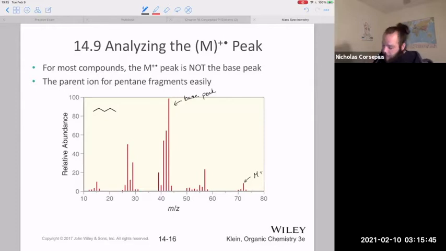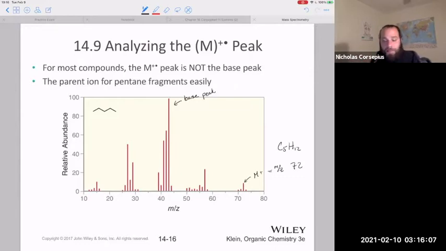Importantly, in both of these cases, the molecular ion peak has an m over z of, in this case, 72. And that corresponds exactly to what you would expect given the molecular formula. That's the beauty of the molecular ion peak.